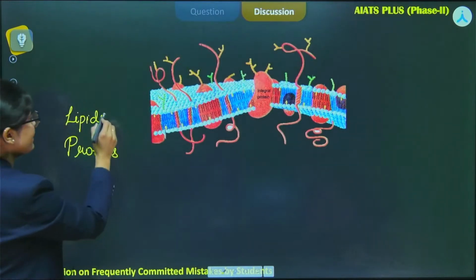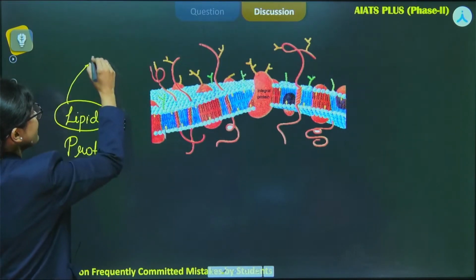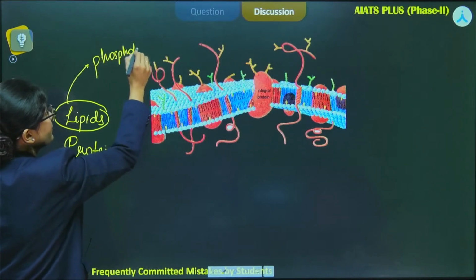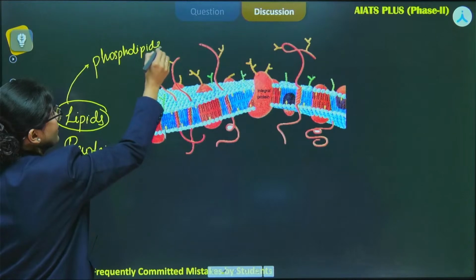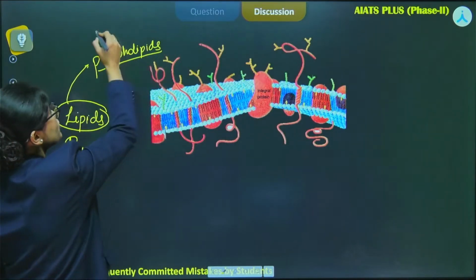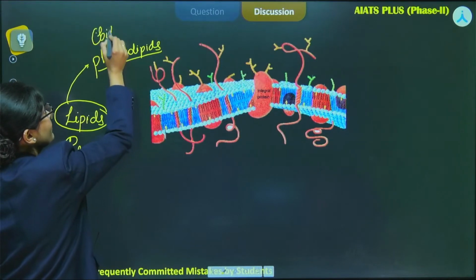Right, and lipids are mainly composed of phospholipids. If we talk about phospholipids, they are arranged in a bilayer form.